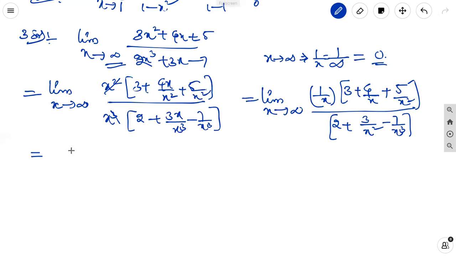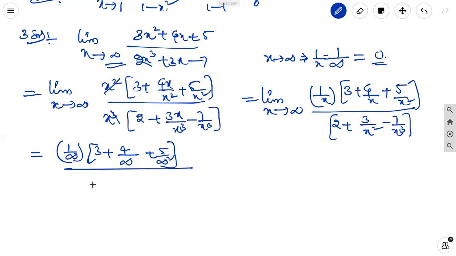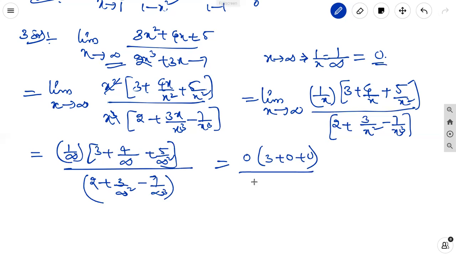So this is equal to 1 by infinity into (3 plus 4 by infinity plus 5 by infinity square) by (2 plus 3 by infinity square minus 7 by infinity cube). It is equal to 0 into (3 plus 0 plus 0) by (2 plus 0 minus 0). 0 into something is 0. It is the solution.